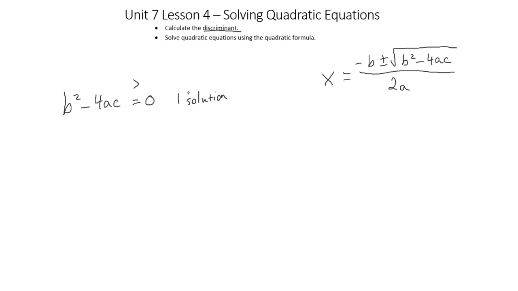If it is greater than 0, you will have two real solutions. If it is less than 0, you'll have two complex solutions.